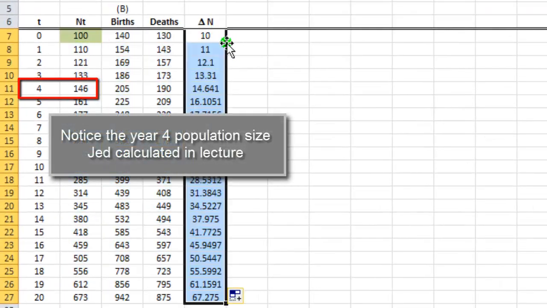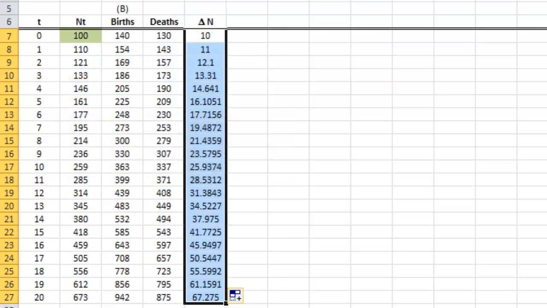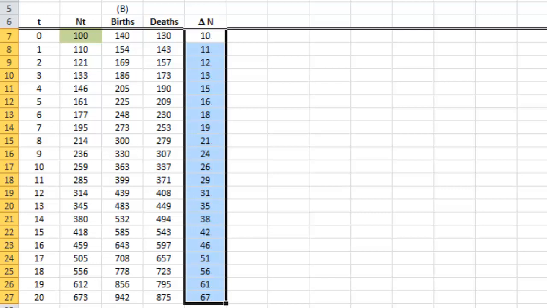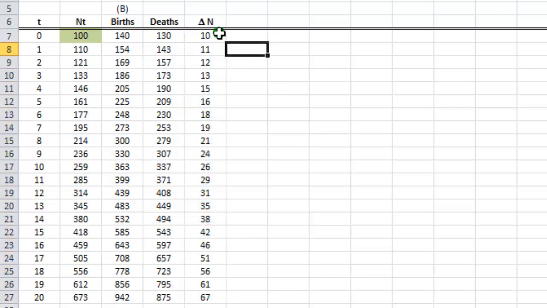And if we click through here, we can also get a graph and look at how the number is changing through time. And we can see that the population is growing. Every single time step it's adding individuals. And there's something else about this change too.